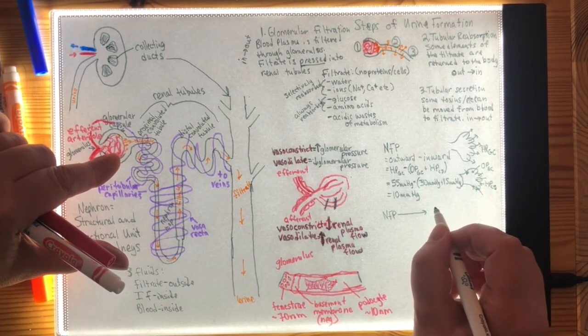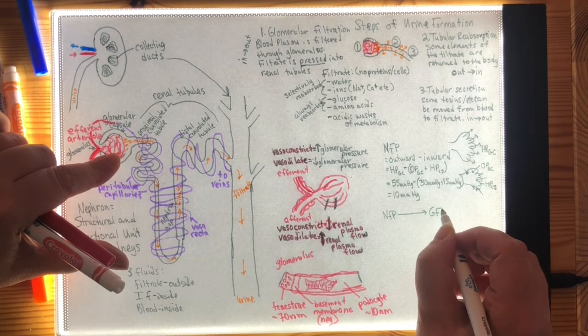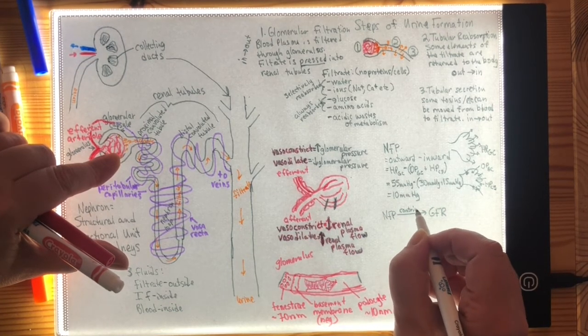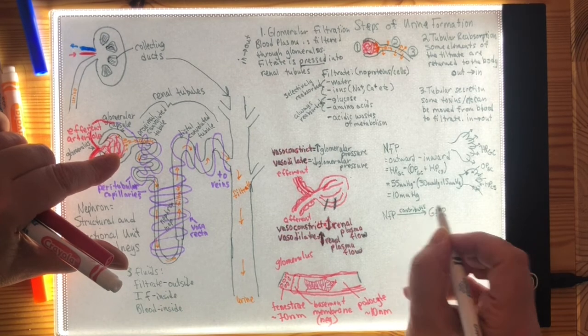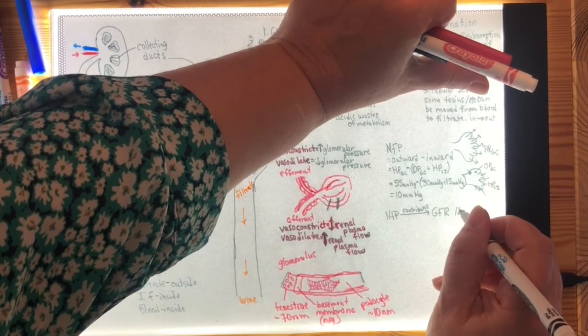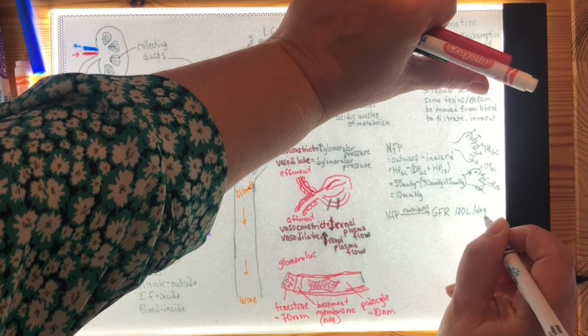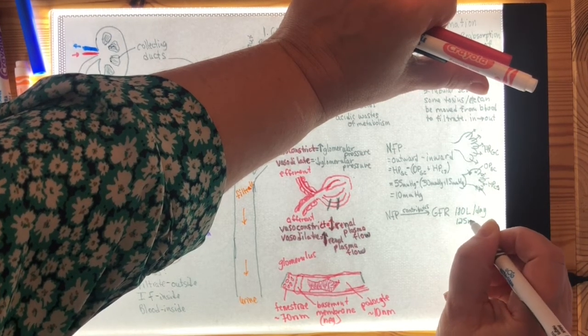So what? Who cares? Well, your net filtration pressure is basically the direct contributor to your glomerular filtration rate, your GFR, which is actually measured by physicians when they're looking at your kidney health.